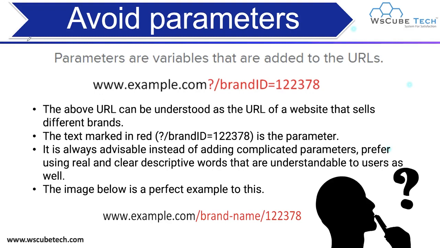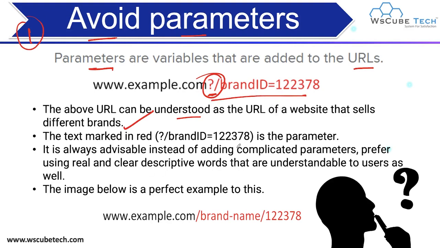The first step is to avoid parameters. What are parameters? Parameters are variables that are added to URLs. Just like you can add this. The above URL can be understood as the URL of a website that sells different brands, and that text, the question mark and brand ID, is your parameter. So you have to avoid this type of parameter.